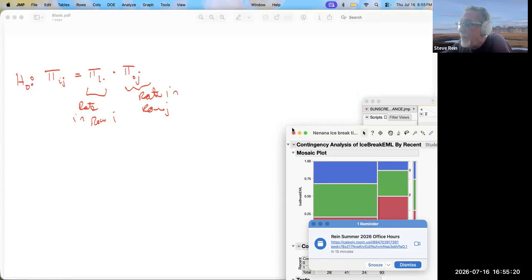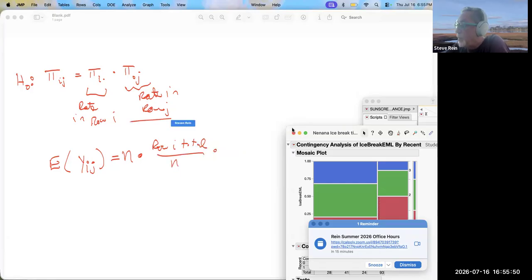I would expect the expected number in Yij, the count in that location, to equal the number of individuals in total in the table times the rate of occurrence in row I, which is the row I total over n, times the rate in J, the column J total over n.